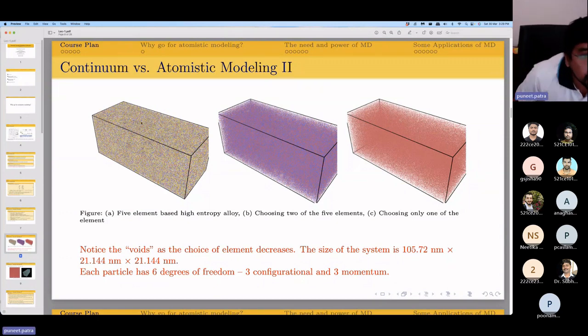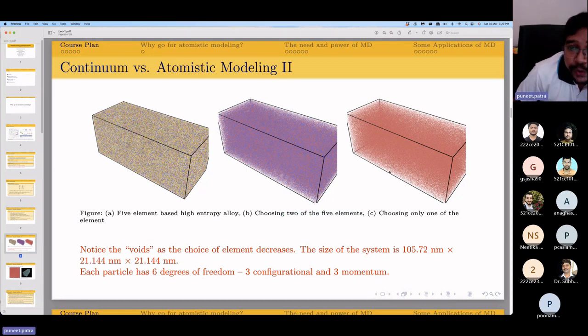Now the different colors indicate the different kinds of atoms. Let us say from this figure I simply deleted three of the 5 elements, so that only 2 of the 5 elements now remain. You can see these 2 elements in this middle figure.